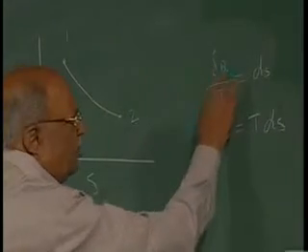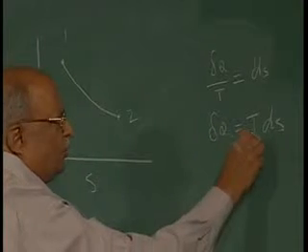This shows that dQ by T is equal to dS, or dQ is equal to T into dS.